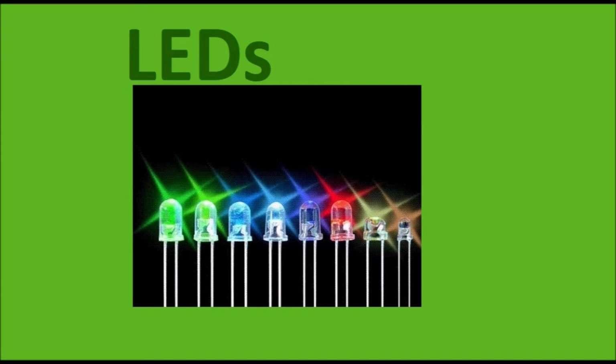Light-emitting diodes, LEDs. A light-emitting diode is a semiconductor light source that emits light when current flows through it. Electrons in the semiconductor recombine with electron holes, releasing energy in the form of photons.